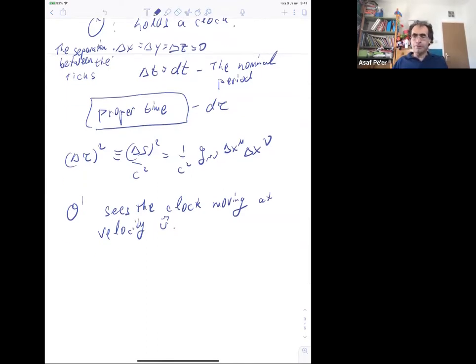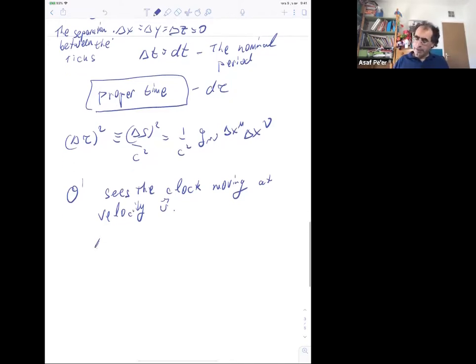According to O prime, the two ticks are separated by delta T prime, but the space interval is also separated by delta X prime, which is just V delta T prime. This is the separation between two ticks.